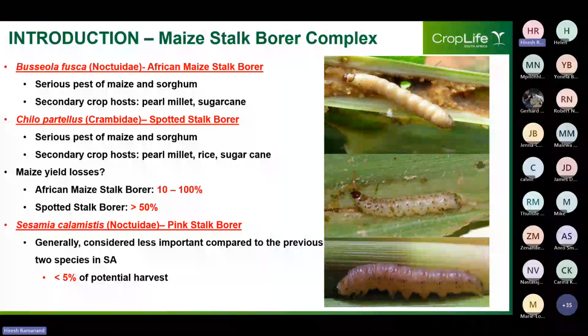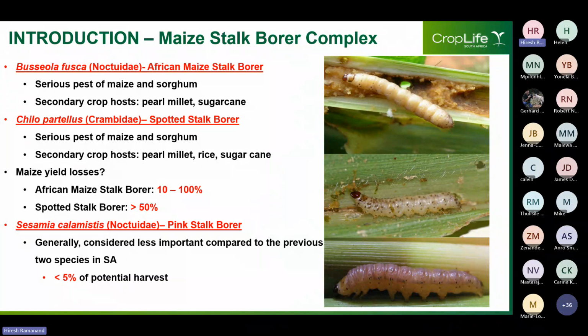Although Chilo partellus is not indigenous to Africa, it is still one of the most damaging species of stalk borers that occurs in this region. Maize yield losses in East Africa attributable to Chilo partellus infestation are estimated at 15 to 45%. In South Africa, yield losses caused by Chilo partellus in maize have exceeded 50%.